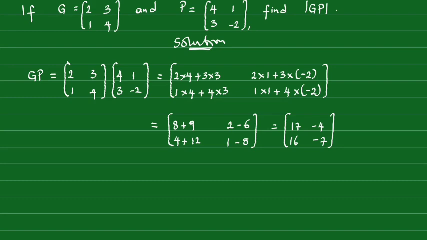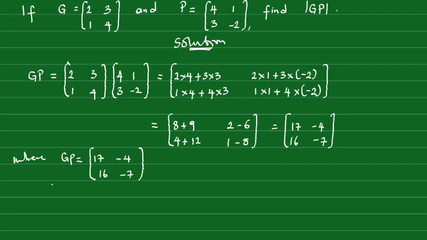Next, we can now proceed to look for the determinant of our matrix GP. So we have the value for GP as bracket open, 17, minus 4, 16, minus 7, bracket close.